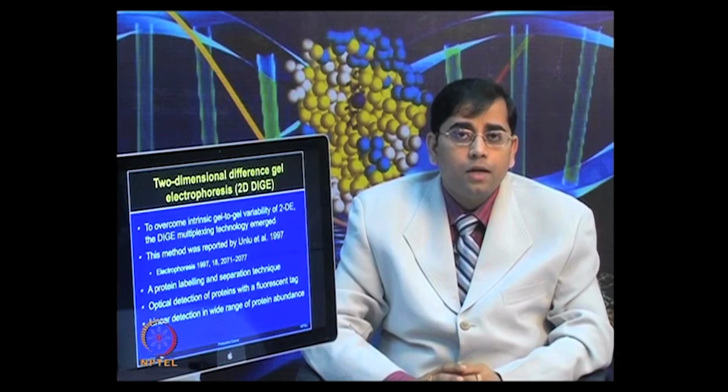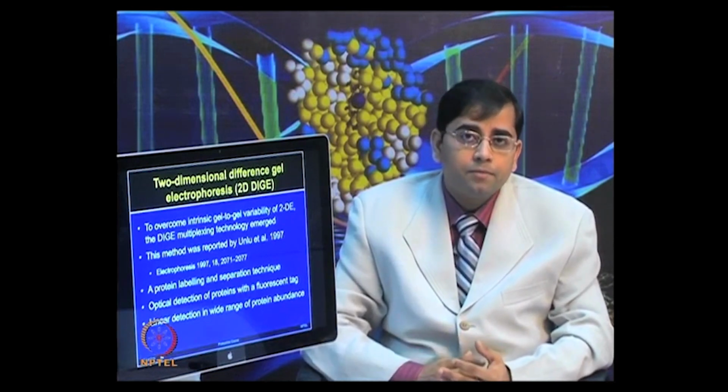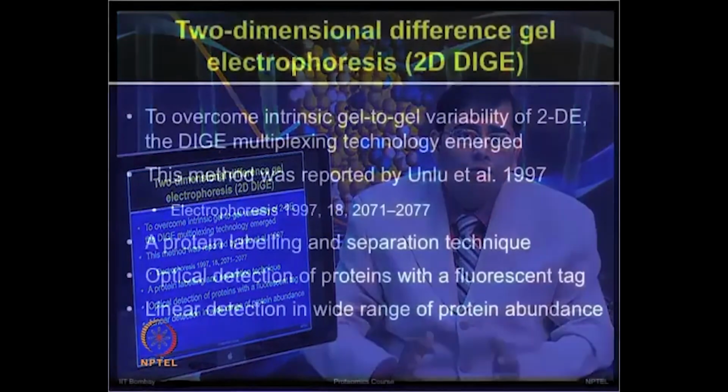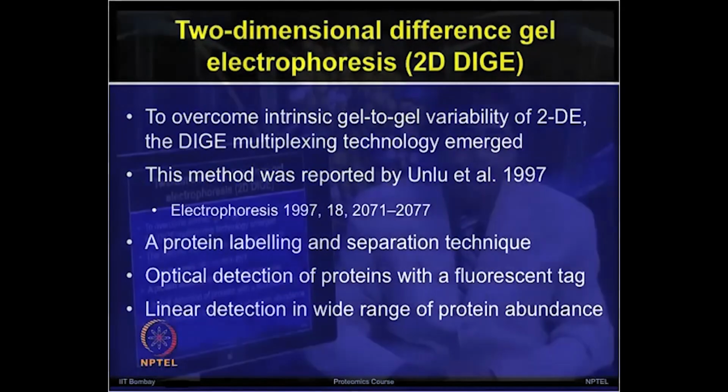So overall, one can expect a very sensitive method with a very large dynamic range of protein detection using fluorescent tags, and it gives multiplexing and separation of proteins on one gel. So, it is expected that it will avoid a lot of the difficulties encountered in traditional 2D gels.